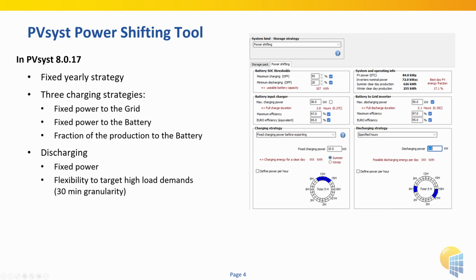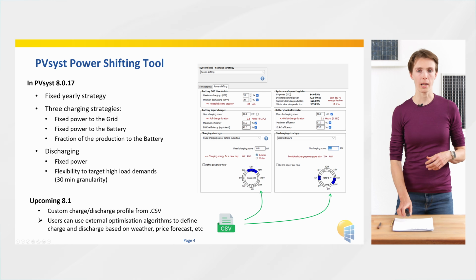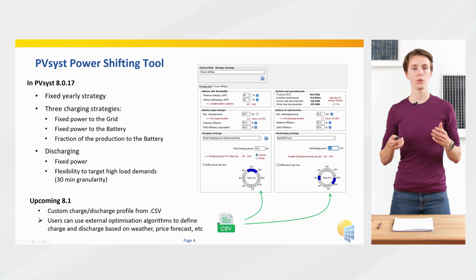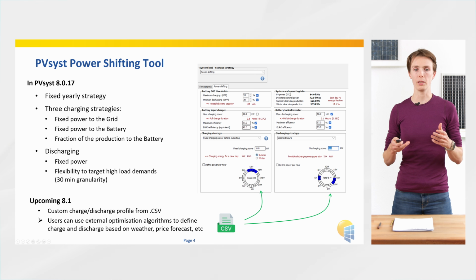And now for the choice of the time of charging and discharging, you have a lot of flexibility since you can define time zones with a 30-minute granularity. In the current version of the tool, you can only define 1 fixed yearly strategy, but in the upcoming 8.1 version of PVsyst, we'll have an upgrade to this tool that allows you to input charge and discharge profiles from a CSV file.